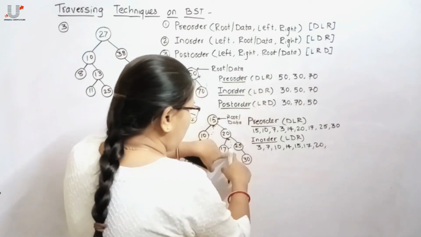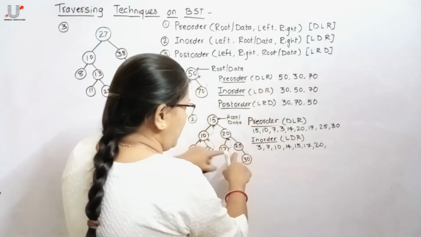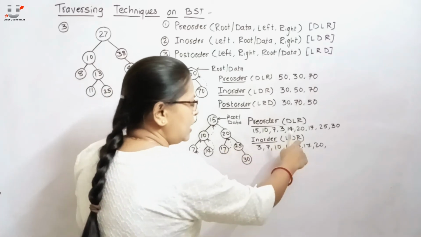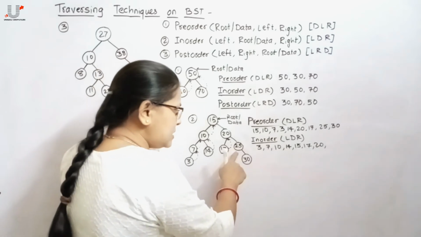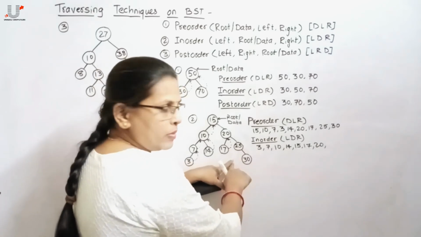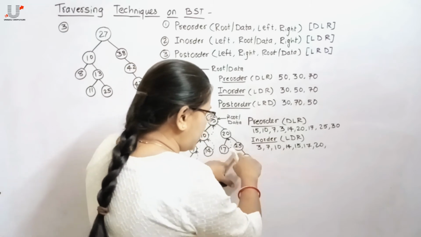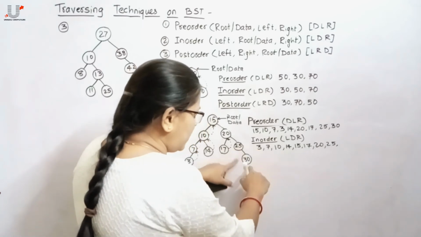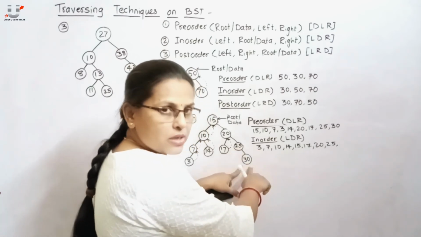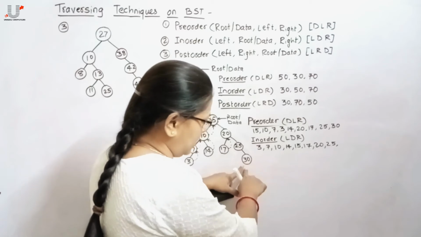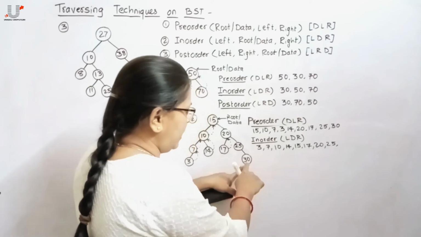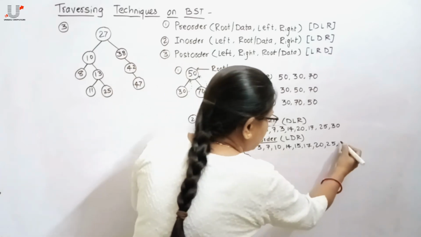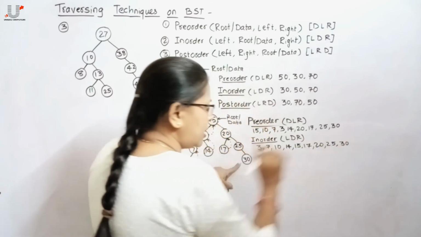Then move to R. R means right subtree. As 25 has not been processed yet, again apply LDR on that 25. As it doesn't have any left subtree, the data part itself, that means 25 gets displayed. Then after processing, control will transfer to its unprocessed right subtree, that means 30 here. Again apply LDR. As no left child is present for 30, data itself, 30 gets processed.